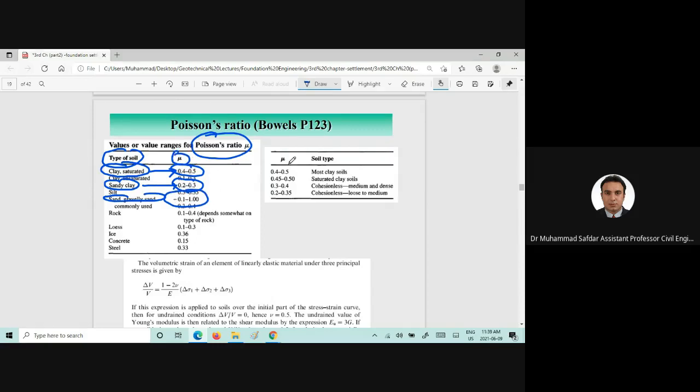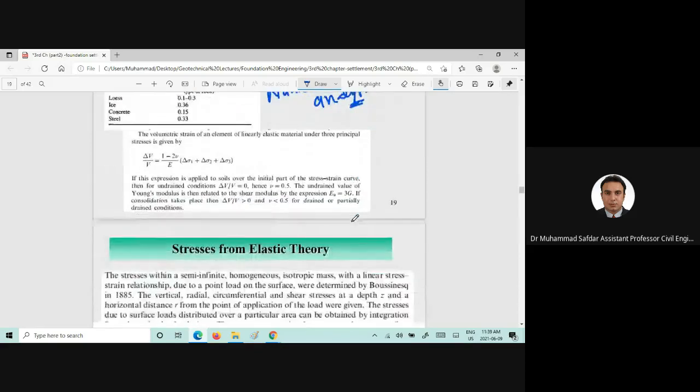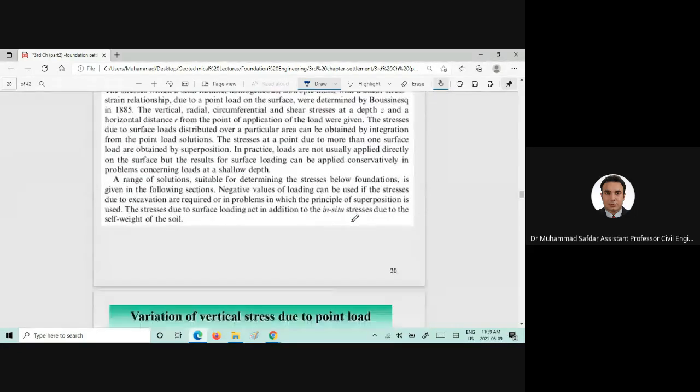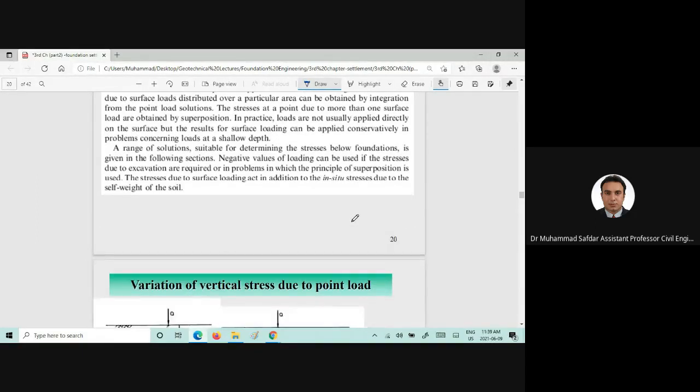So these values are particularly important when we want to perform the numerical analysis and we don't want to spend too much money on the lab and field tests. So that was all about the modulus of elasticity factors and the determination methods.